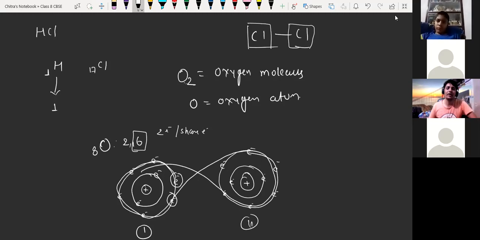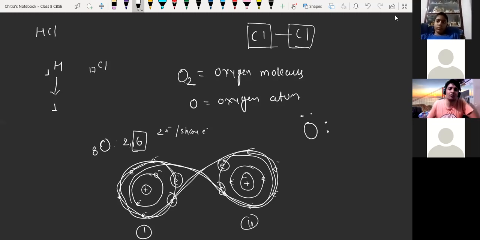These two electrons again are going to revolve in the shell of the second atom as well as the shell of the first atom. One oxygen has 6 electrons, another oxygen has 6 electrons, so they will share two pairs of electrons.